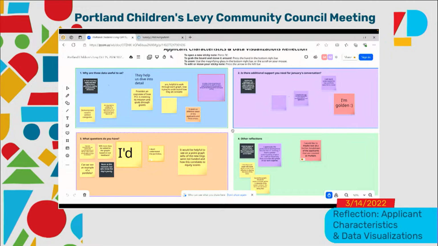Go ahead and you can have about 2 more minutes to finish up this portion of the exercise.